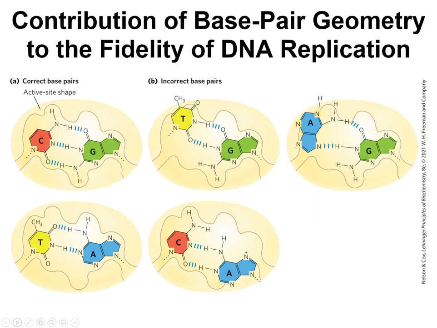But if you compare how the molecules interact with the enzyme, so the enzyme is kind of like in that beige tan color, and then you've got the nucleotides here.